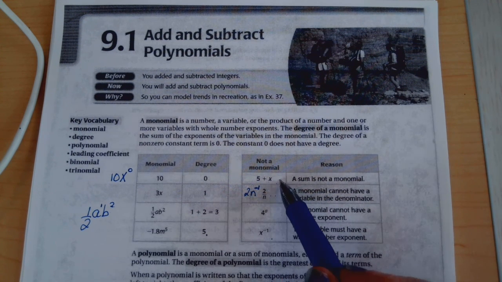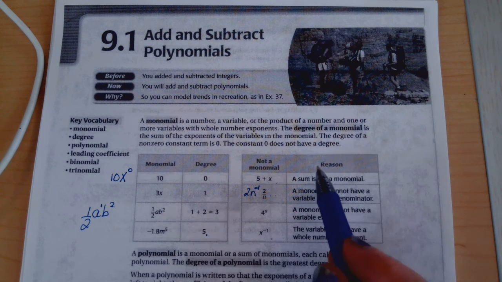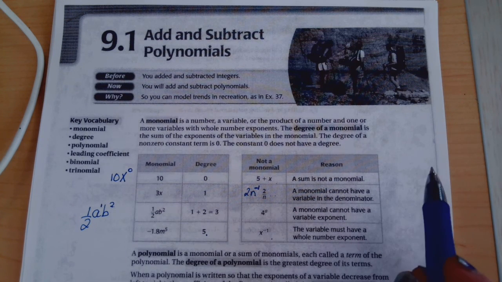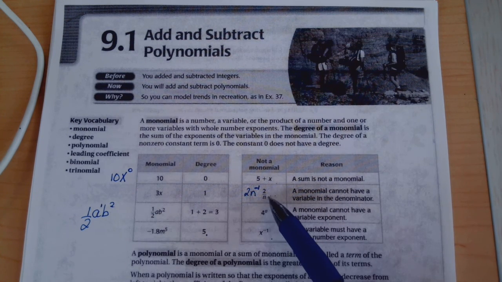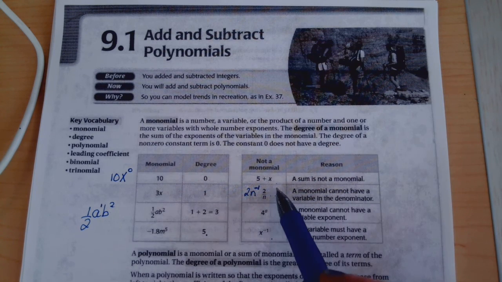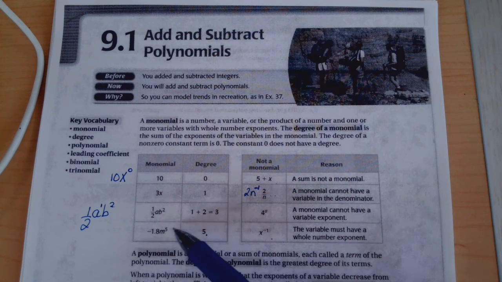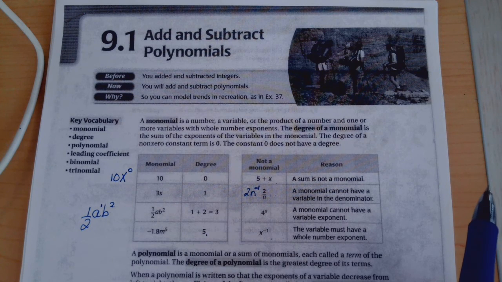So understand, for these various reasons, these are not monomials. So no negative exponents, no variable in the denominator which would cause it to have a negative exponent, and no additional subtraction. So you can clearly see the difference. So remember, the foundation is always the most important, because this sets you up for this big chapter. So you have to understand these things, because we're going to build a lot on this.